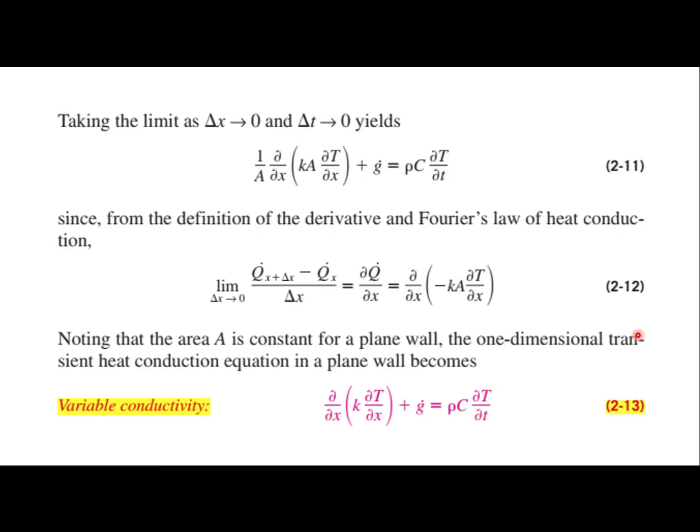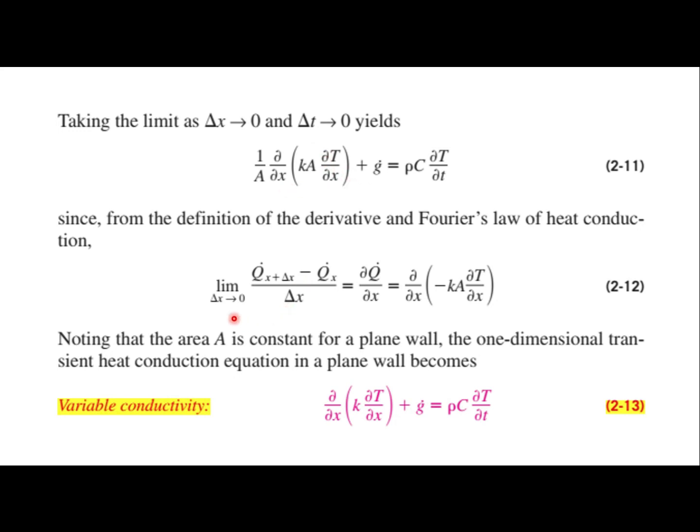When we take the limit of the previous equation on both sides as delta x approaches 0, it means the very thin element that we are considering for the development of the one-dimensional heat conduction equation, and the time is very small, so the above equation is reduced to this form.